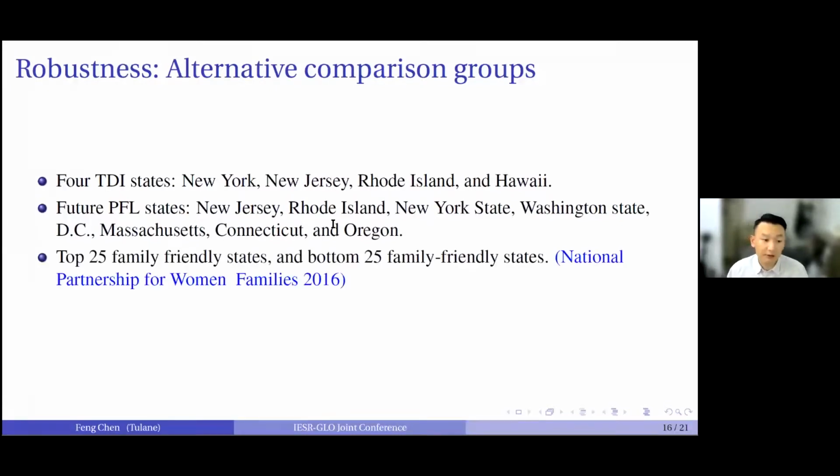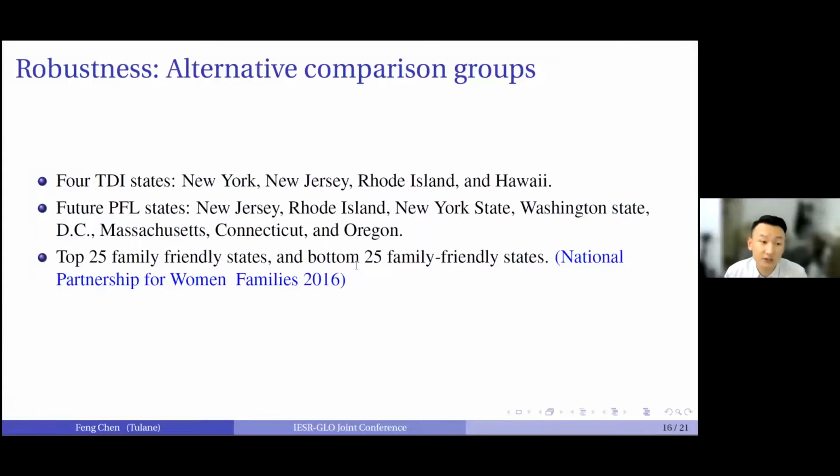Third, there is a report by the National Partnership for Women and Families. They rank all states in the United States based on family-friendly policies. So I use the top 25 family-friendly states and the bottom 25 family-friendly states as the comparison group.